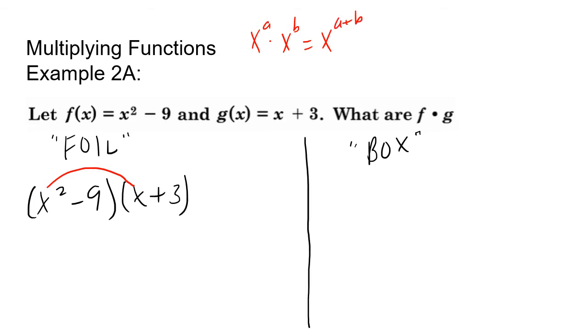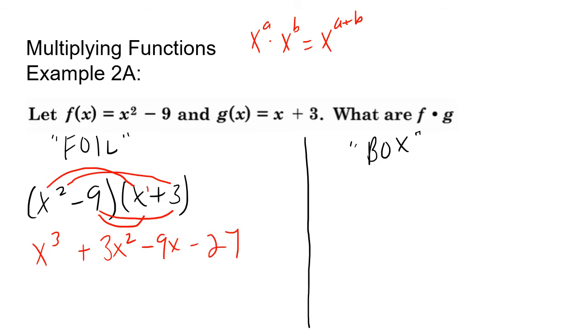So I have a 2 and a 1, so that makes x to the third. Then we have our outside terms, x squared times 3 is 3x squared. And we have the inside, negative 9x. And then we have our last, negative 9 times 3, so it was negative 27. There are no like terms, so this is my final answer.